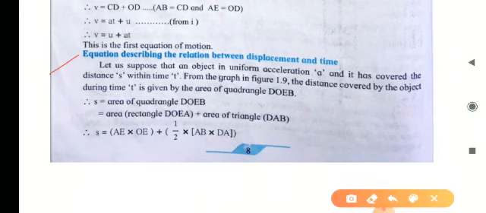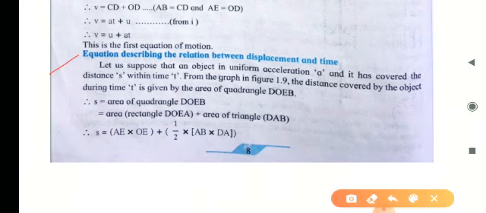I hope you can see DOEB. Now, therefore, s is equal to area of quadrangle DOEB. That is equal to area of rectangle DOEA plus area of triangle DAB.